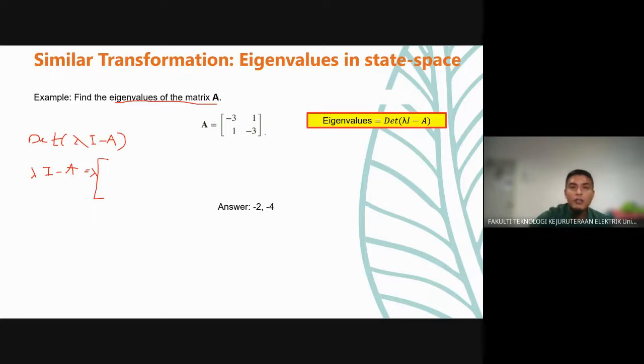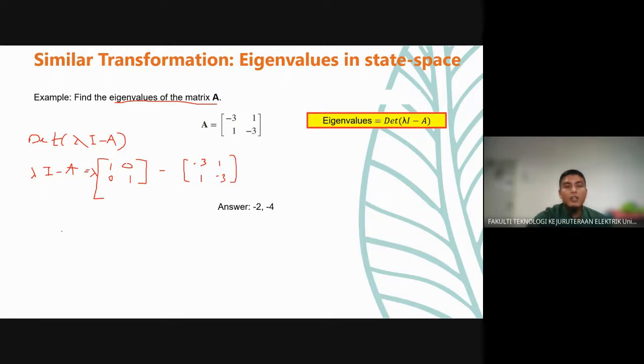Since this is a 2 by 2 matrix, the identity matrix will be 1, 0, 0, and 1, minus negative 3, 1, 1, negative 3.